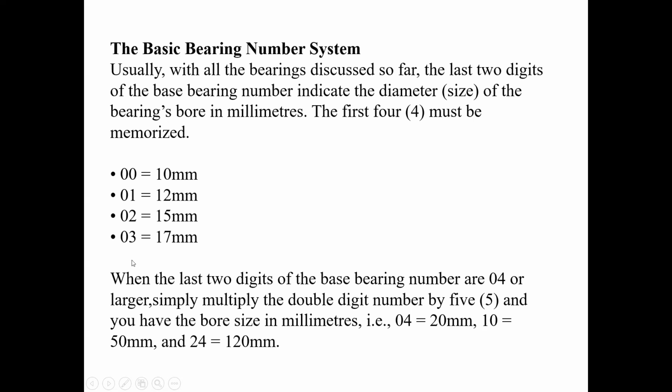After 03, from 04 onward, the number times 5 is equal to the diameter. So 04 times 5 becomes 20 mm, 10 times 5 is 50, and 24 times 5 becomes 120 mm diameter.